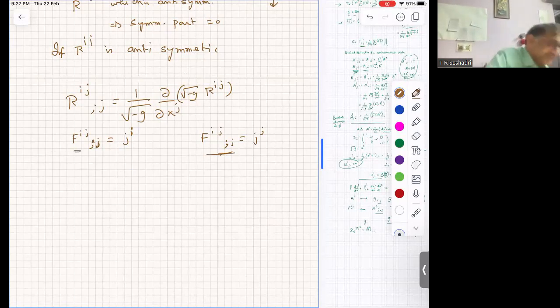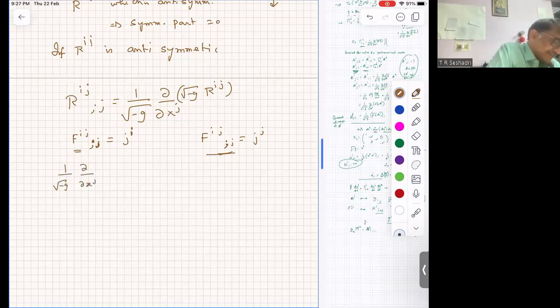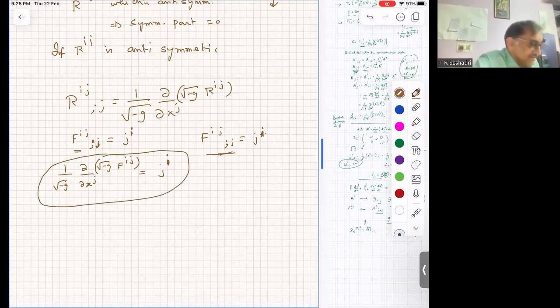Now this quantity is an antisymmetric tensor. It means that this pair of Maxwell's equations can be written as 1 by square root of minus g del by del xj of square root of minus g Fij is equal to ji. So this is the form of the second pair of Maxwell's equations in curved spacetime.